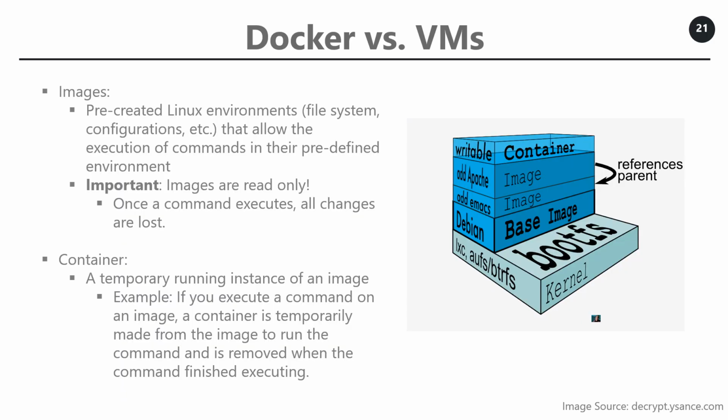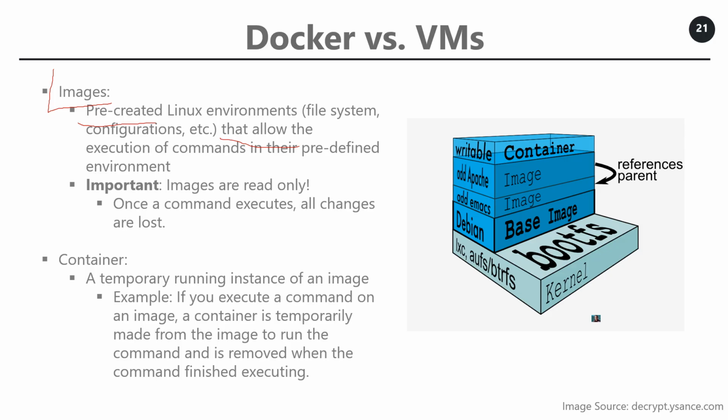So, images. What is a Docker image? They are pre-created Linux environments with a file system, configurations, and all the binaries necessary to run, which allow the execution of commands in their predefined environment. You will see, guys, when we get into a container, you can open it, SSH in, and run commands on the command line.